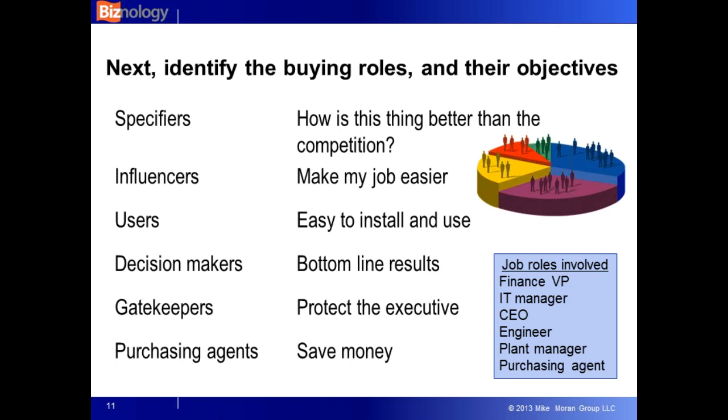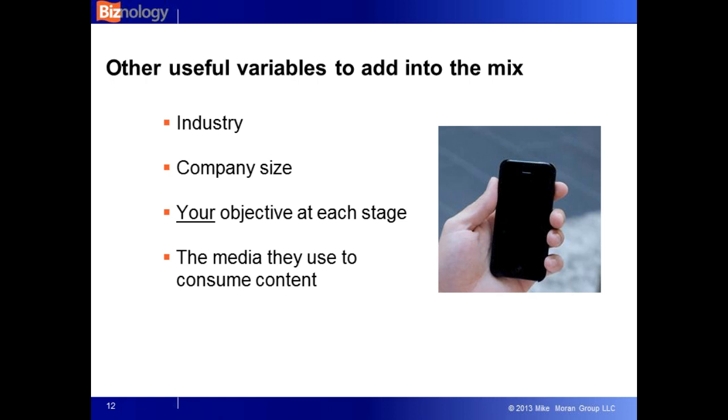And wait, there's more. There are some additional variables that you might want to consider as you're identifying the buying process and the needs of the customer. These could be, as I mentioned earlier, industry and company size. They also may be what you're trying to get done at each stage.